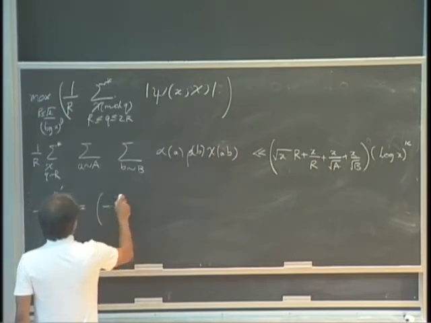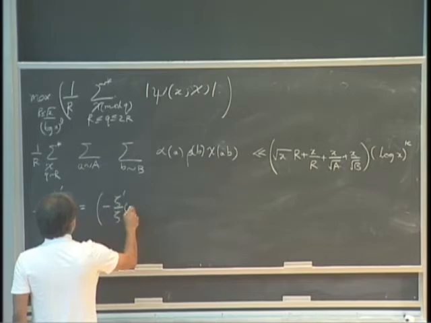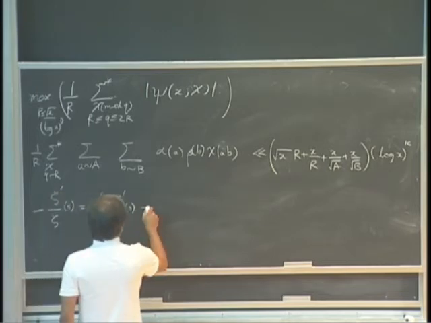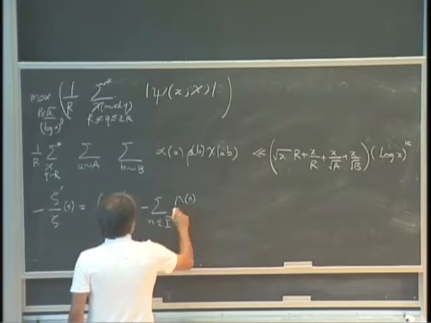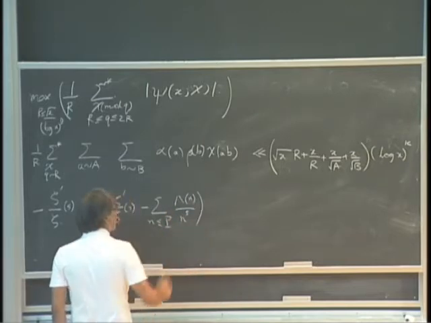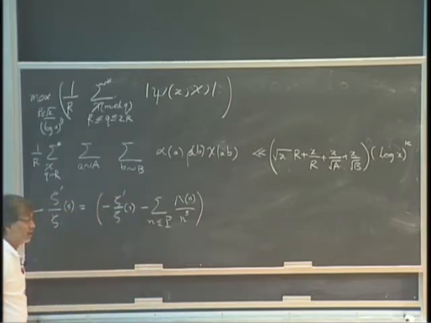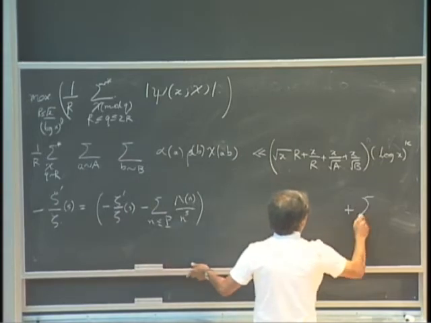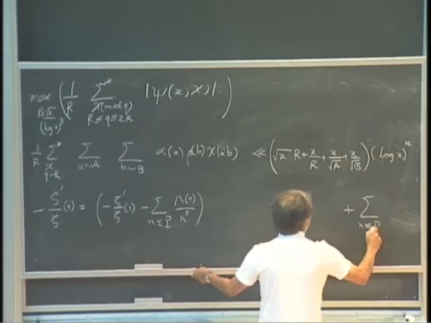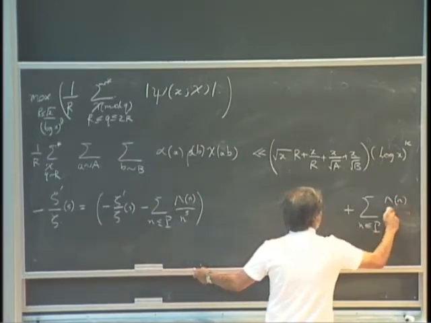First we subtracted the sum over n up to p, which is what I think I called it last time, and then added back the sum over n up to p, lambda n over n to the s.